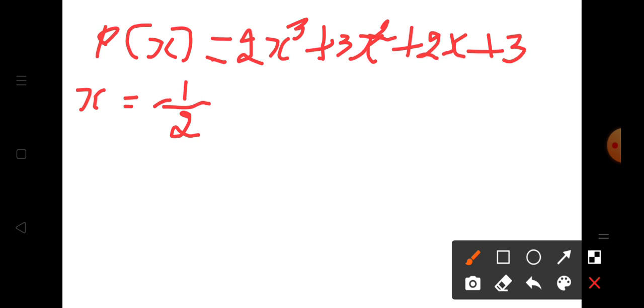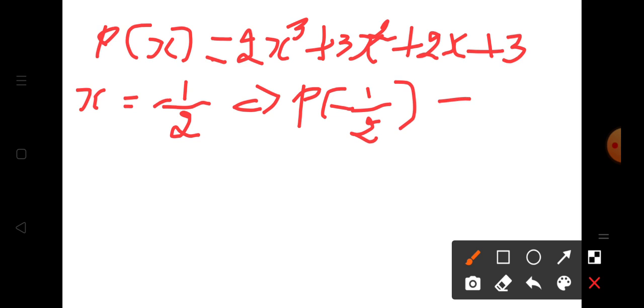Now listen, p of -1/2 is equal to 2 times (-1/2) whole cube, which is -1/8.